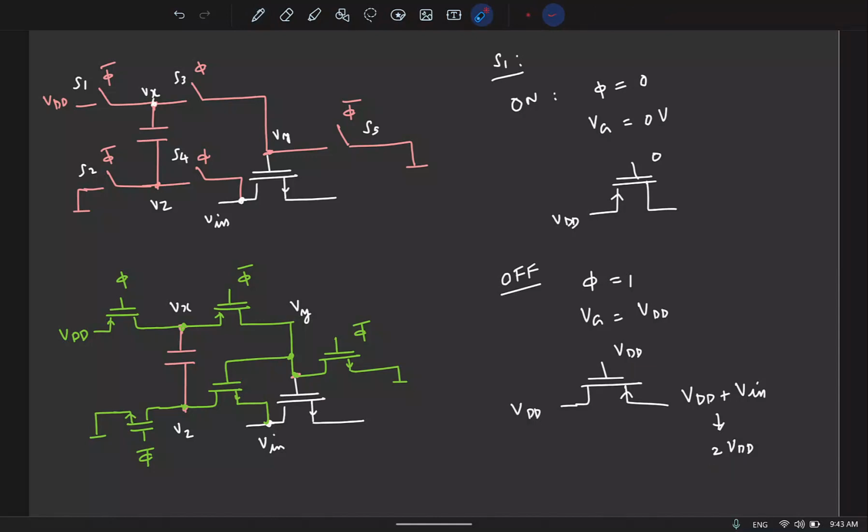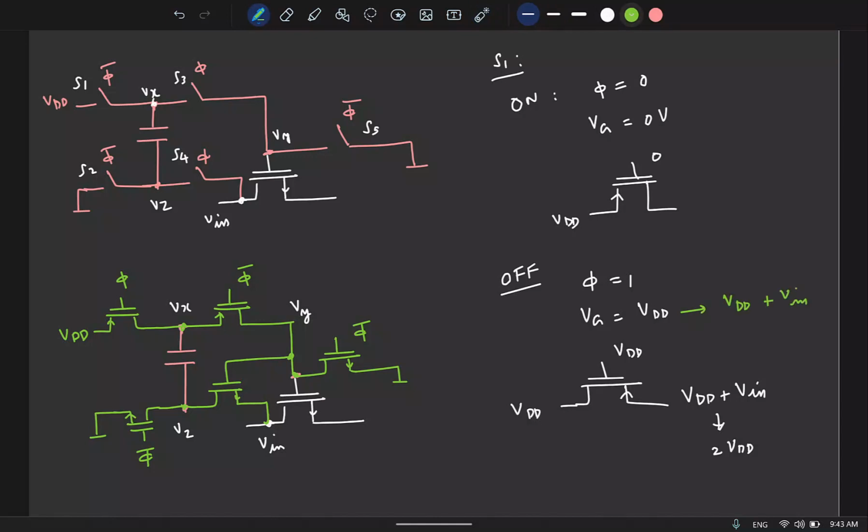But that's not what you want. You want this to be off. Is that clear? We want this to be off. But as of now, this gate voltage is not enough to turn it off. If this is at VDD plus Vin, what should this gate voltage be to turn it off? If that is also equal to VDD plus Vin, it is fine. So let's say I want this also to be VDD plus Vin.